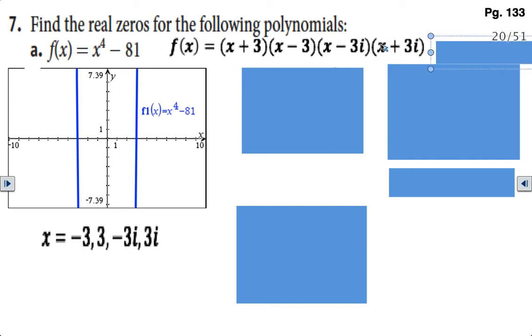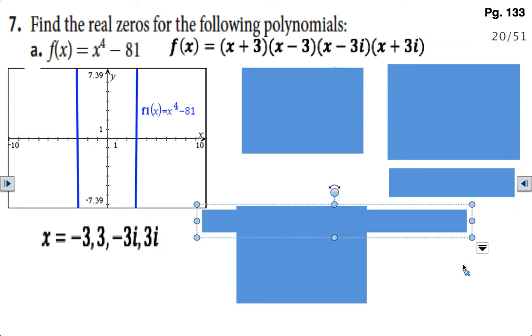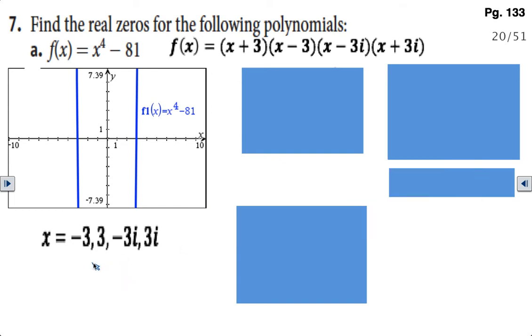I messed up the order on here. So this negative 3i would create this factor x plus 3i, and this positive 3i would become x minus 3i. So notice, for your solutions, these are all your solutions, and when you're setting up your factors, you just change your signs to set up the factors, okay?